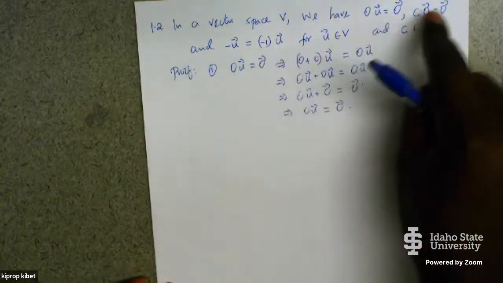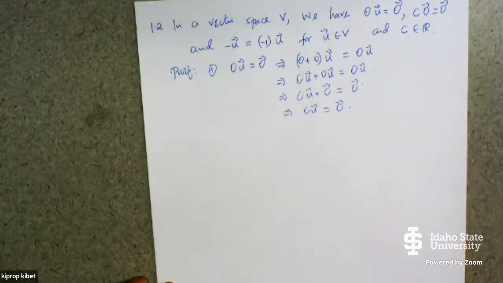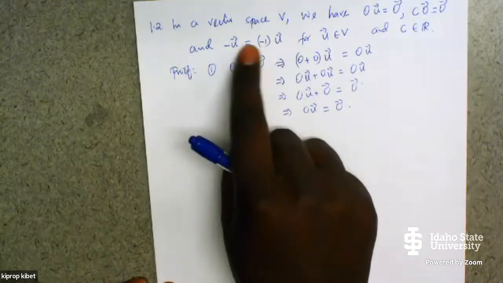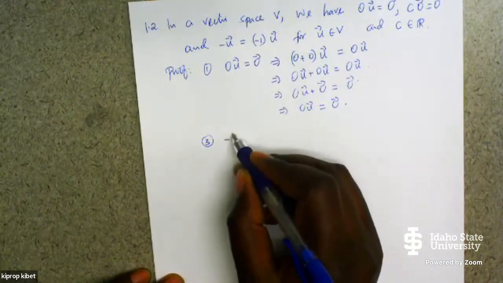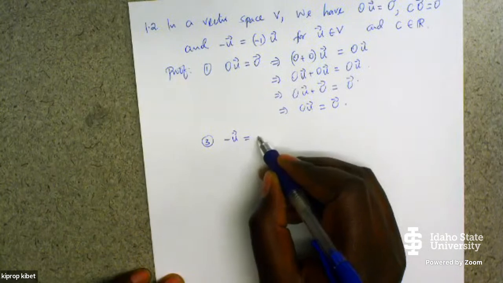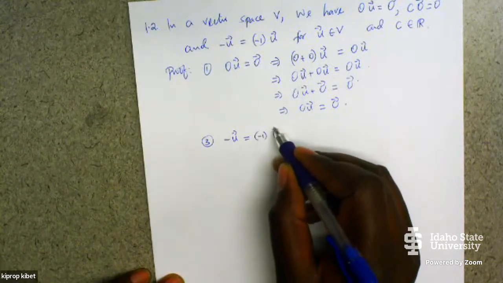Same thing with the second one. So let's see the last one here, number 3: minus u equals minus 1 u.